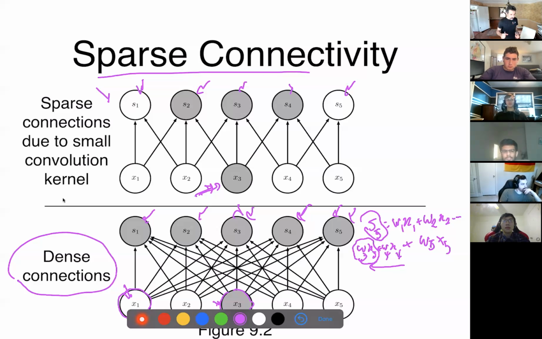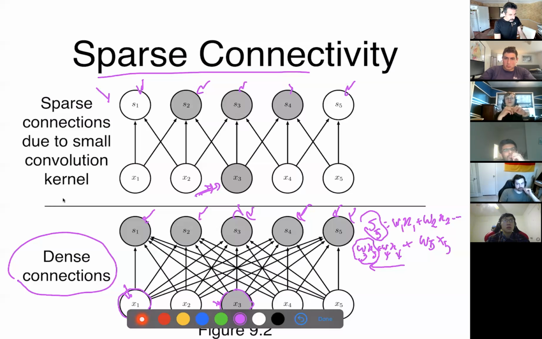But one question could be, what would happen to learning? Maybe these units do not learn about the whole input space, basically do not cover the whole input.